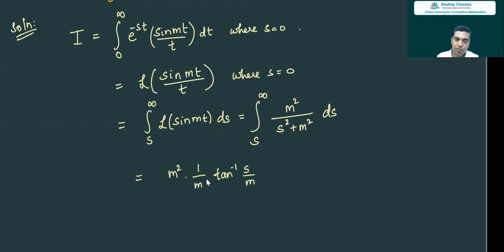So this is the integral s to infinity. So 1 by m comes out, it cancels m. Then tan infinity is pi by 2 minus tan inverse s by m.